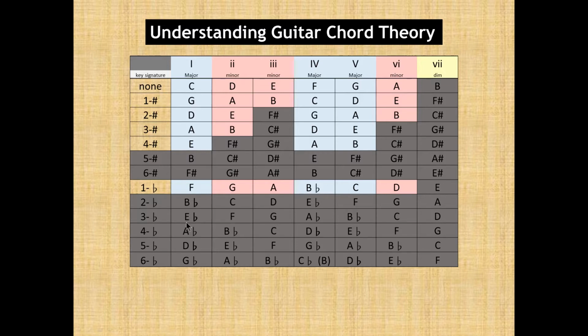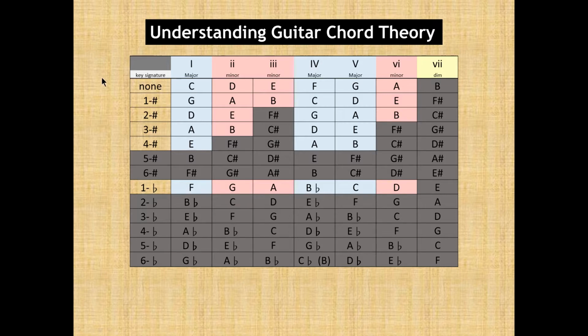The key of E flat, it's just not a great key to play on the guitar. So when it comes to songs written for the guitar, the most common you're going to find is C, G, D, A, E, and F. Those are, without a doubt, the most common keys that you're going to find songs written in.